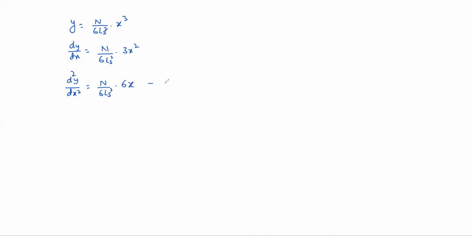The 6 gets cancelled, so n by ls square into x is d square y by dx square.